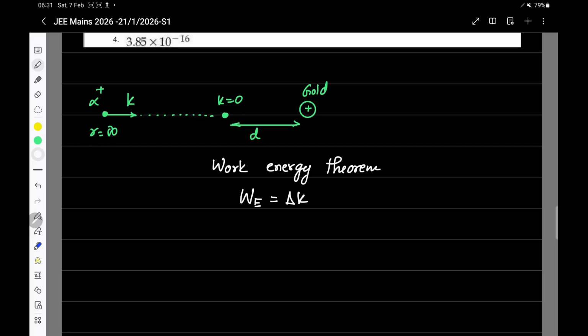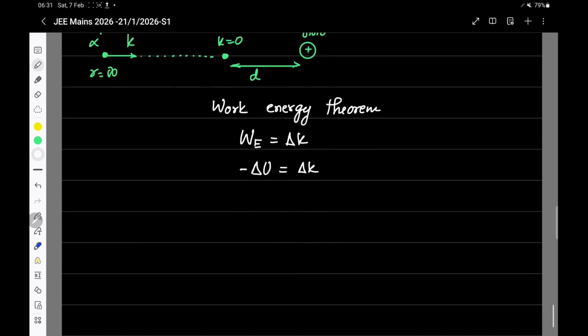Work done by electrostatic force is negative of the change in potential energy, and that is equal to change in kinetic energy. Final potential energy is U final, minus initial potential energy U initial. Initial kinetic energy is K, and final kinetic energy is 0.